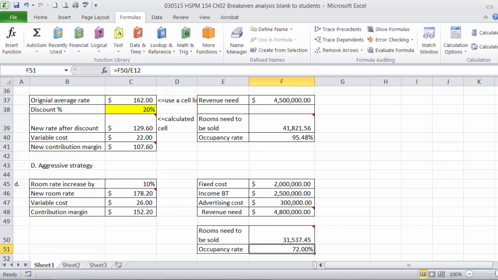So how about, let's say, we increase the room rate? Right now the average room rate is 162. Let's say I give them a free drink. We have wine tasting in the lobby from 3 to 5.